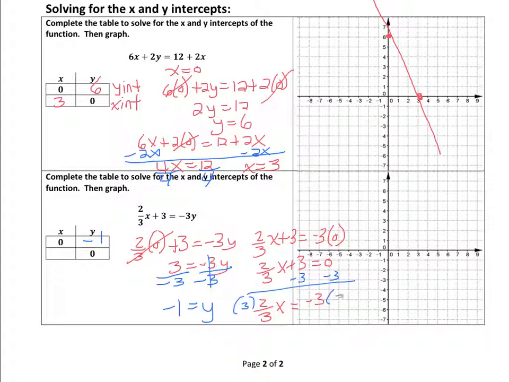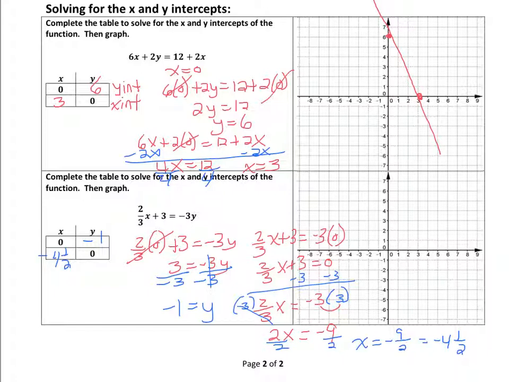Get rid of that fraction. And we have 2x equals negative 9. And divide both sides by 2. And we have x equals negative 9 halves. Negative 9 halves, if we divide 9 by 2, we're going to end up with negative 4 and 1/2. So we've got negative 4 and 1/2 here for our intercept.